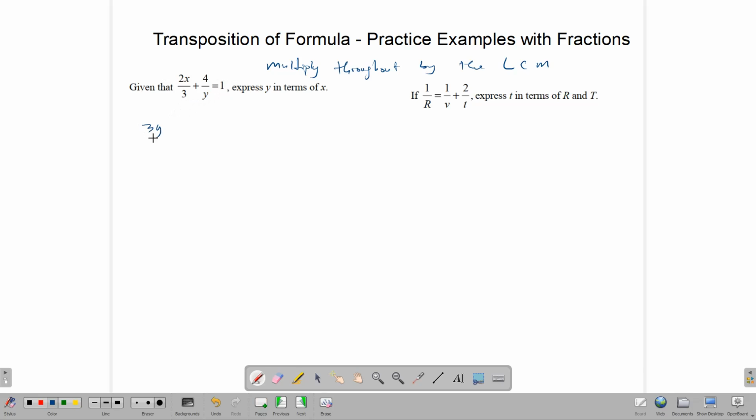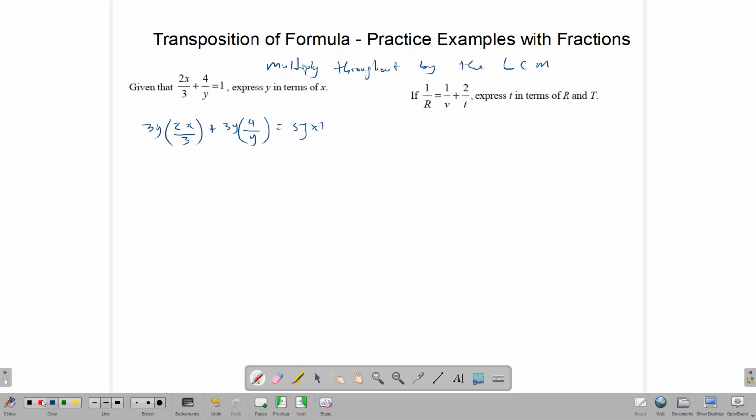So 3y multiplied by 2x over 3 plus 3y times 4 over y equals 3y times 1. The purpose of multiplying throughout by the LCM is to get rid of the denominators and to get everything in a nice straight line.